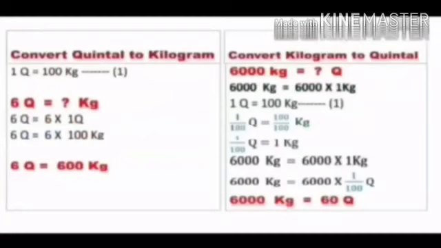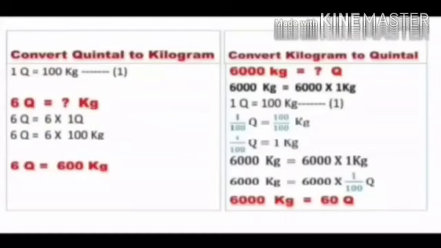First, let us look at how to convert quintal to kilogram. We need to know the basic relation between quintal to kilogram, which is 1 quintal is 100 kilogram. If we have a question to convert 6 quintal into how many kilogram, we can write 6 quintal as 6 times 1 quintal.